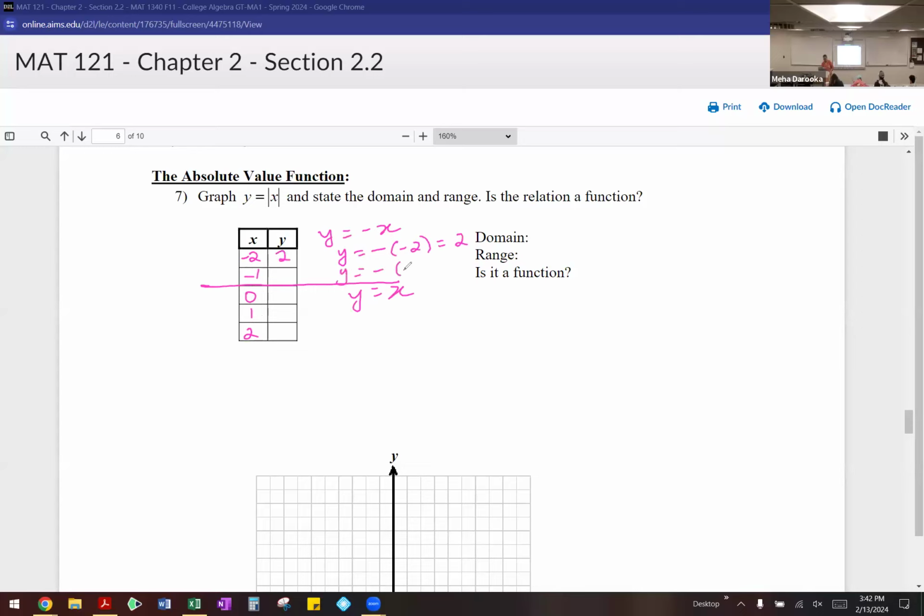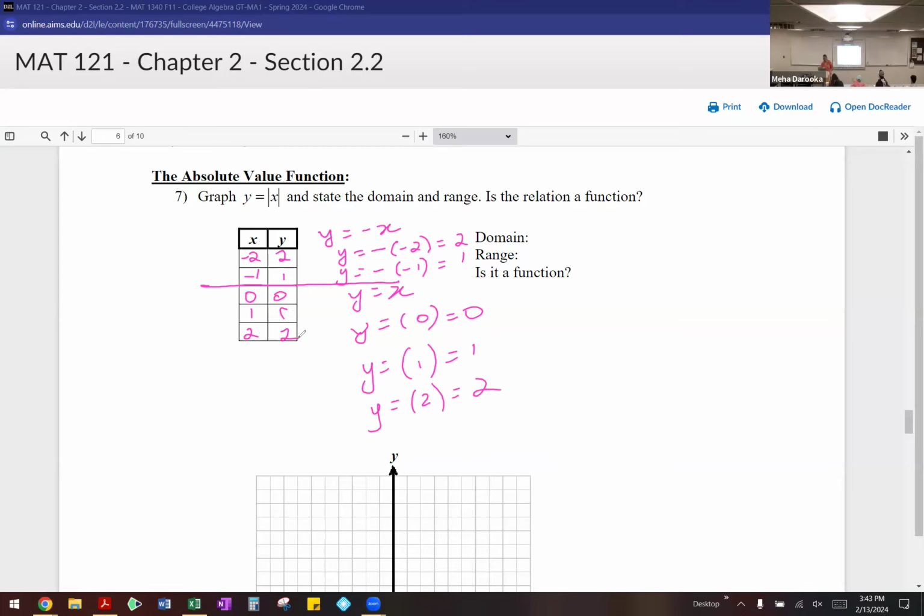I would do negative of -1, which would again give me +1. But for the second half, or the positive side of our graph, I would do just y of 0, 1, 2, because you keep the x value as it is, right?